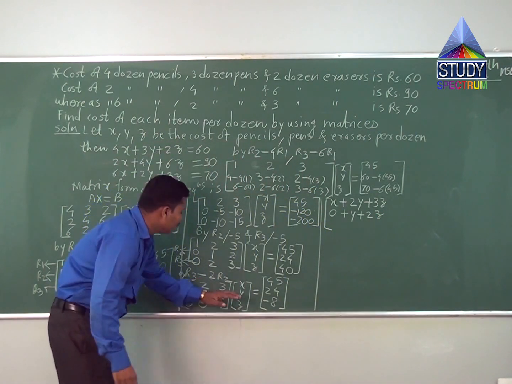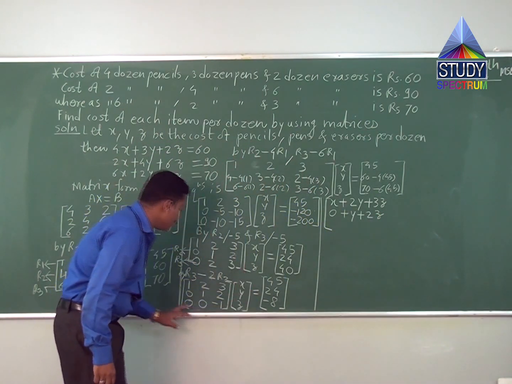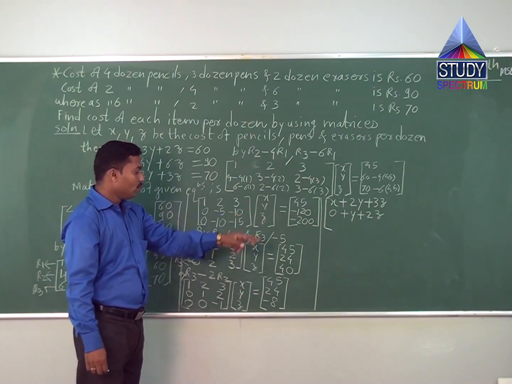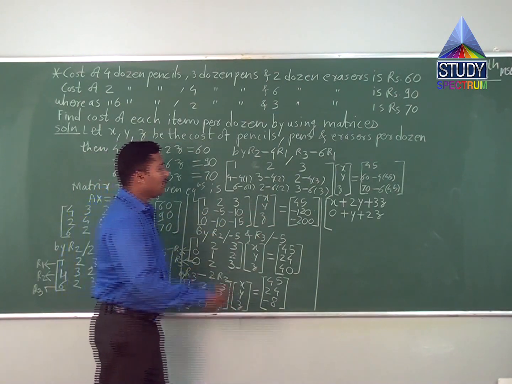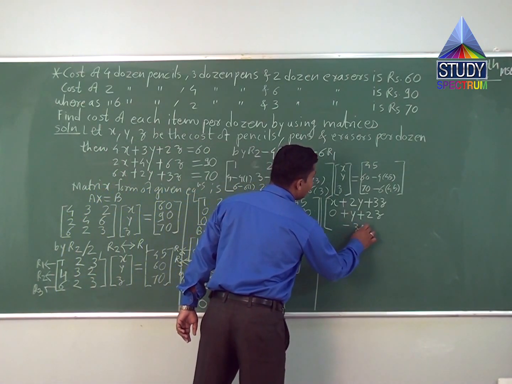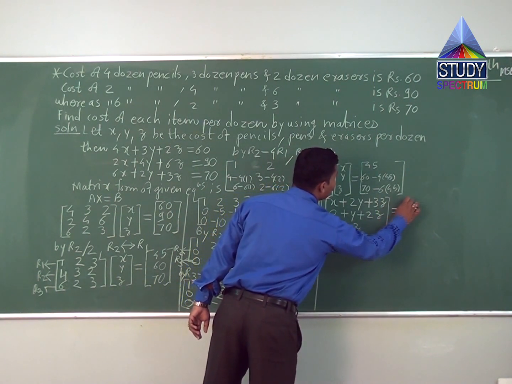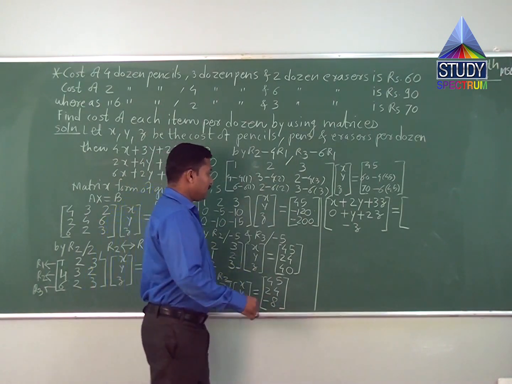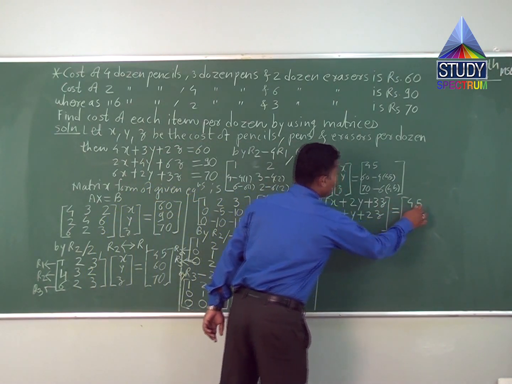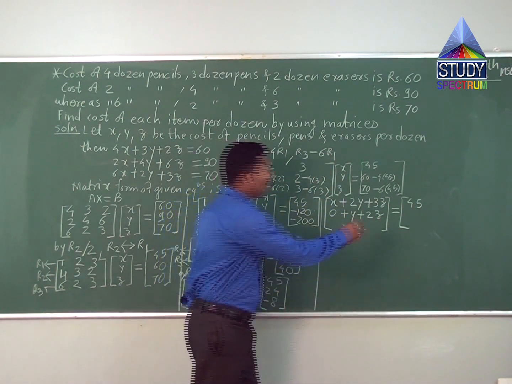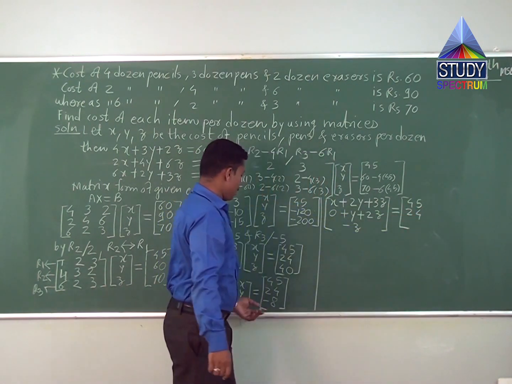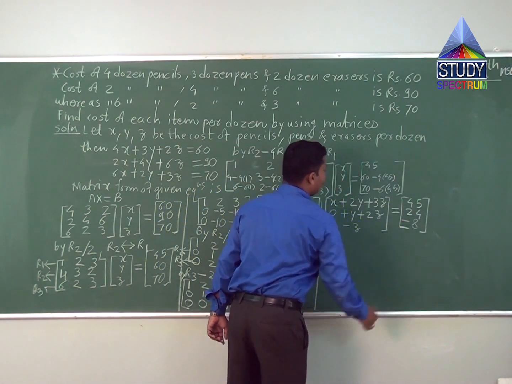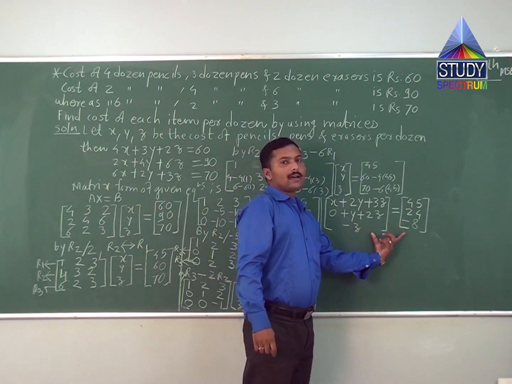And lastly, third row, first column: 0 into x, 0, plus 0 into y, 0, and lastly minus 1 into z, minus z, equal to this column, 45, 24, and lastly minus 8.